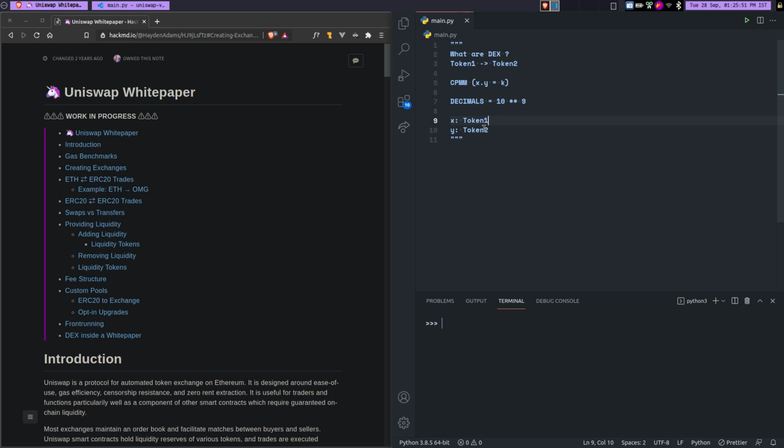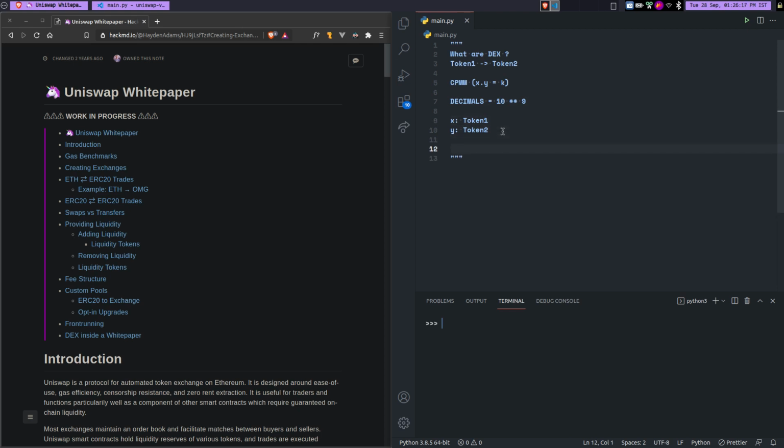So one token 1 is going to be 1 times 10 raised to the power 9, because this is the amount of zeros that needs to be there. This is basically acting as a decimal to increase the efficiency.